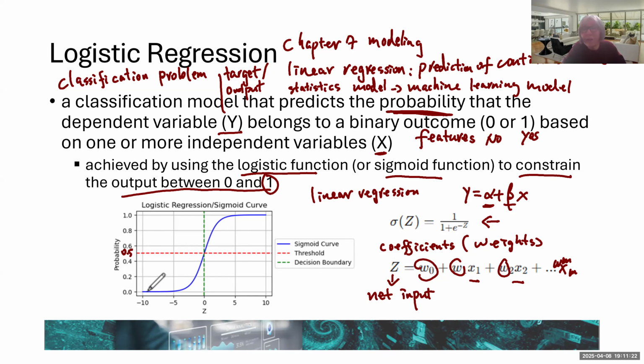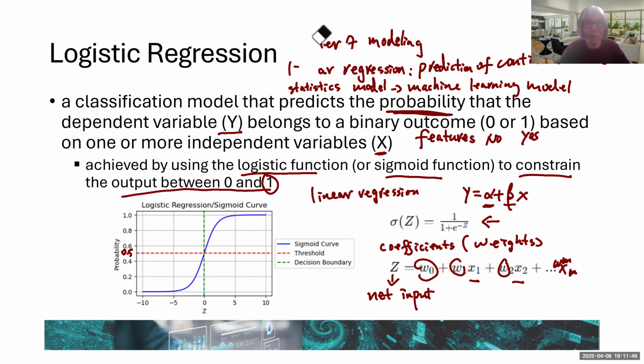And then the logistic regression is to reflect the net input relationship, okay, regarding the prediction Y probability. So that's the overall idea about logistic regression. Okay, so that's the concept about logistic regression.